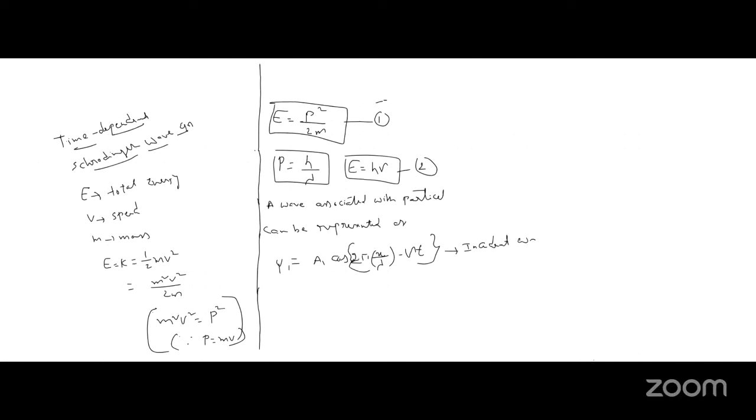Similarly, I am taking another equation, psi 2, for the reflected wave: a2 times cos 2 pi (x by lambda plus frequency nu times t). This one is for the incident wave, and the other is the reflected wave.